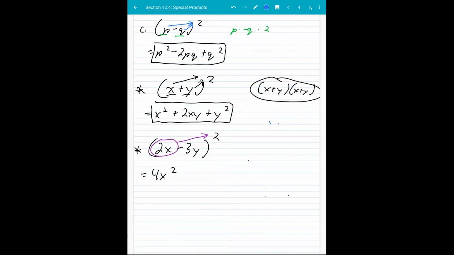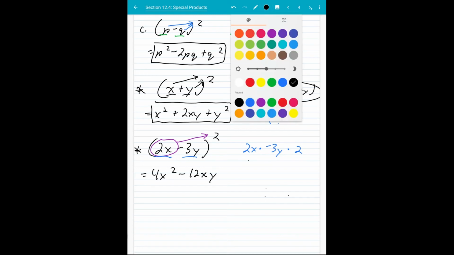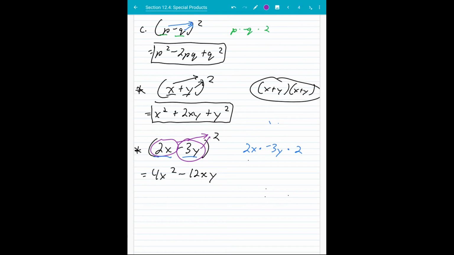Then we're going to do this times 2. 2x times negative 3y times 2. That gives us negative 6x, oops, not negative 6, I messed up, negative 12. Negative 12xy. Then take this entire thing squared. That makes positive 9y squared.